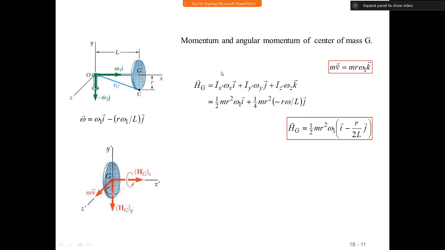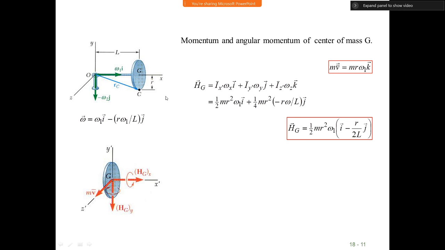This expression will remain the same, but now this will be about point G. You can see these are about new axes x prime, y prime, z prime, which are attached to the center of mass of this disk. So this is the disk, its center of mass is G, and we have the new axes x prime, y prime, z prime, about which I know the I, right? We know the I and we know the omega.